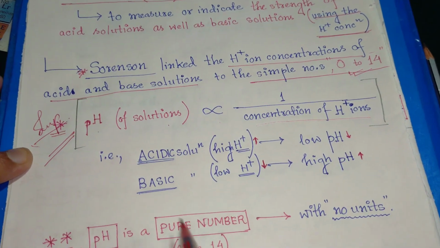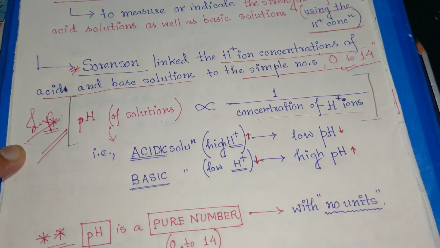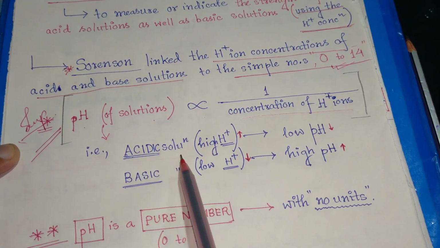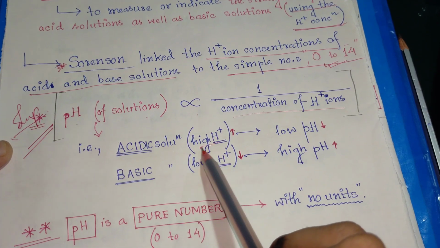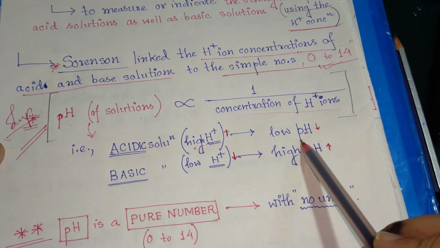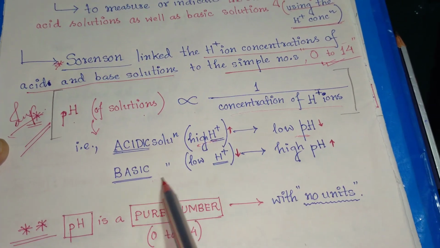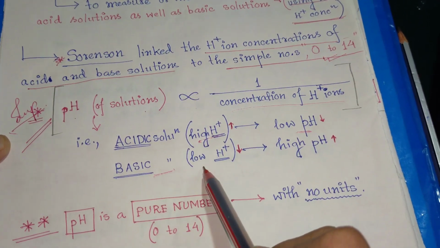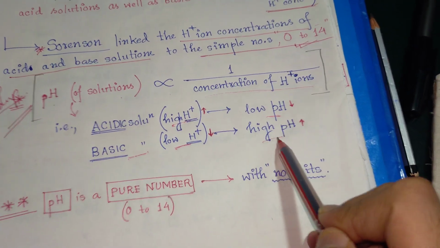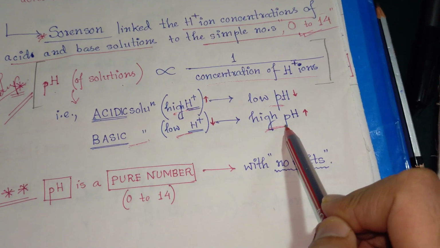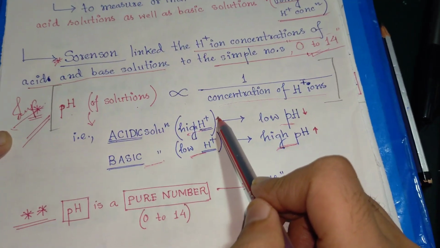Okay students, thus from this we can conclude that acidic solutions which have a high yield of H plus ions have a low pH value, and basic solutions which have a low H plus concentration have a high pH value, as these are inversely related.